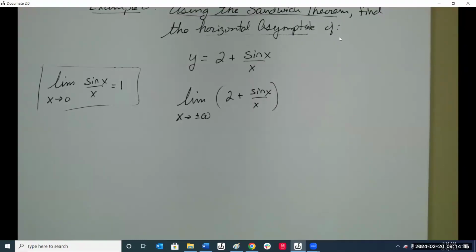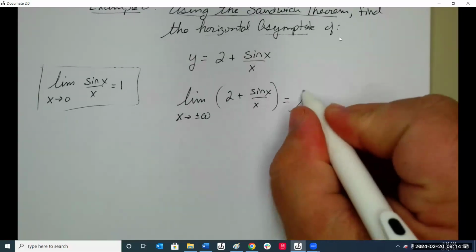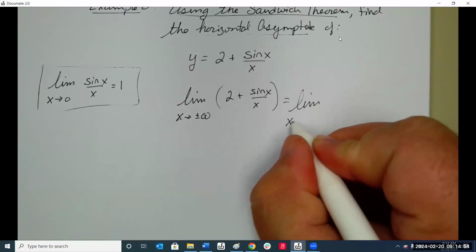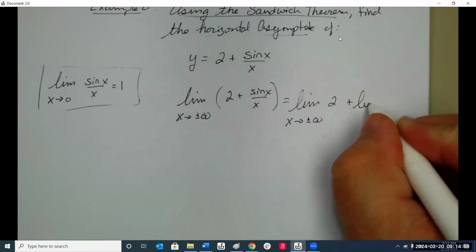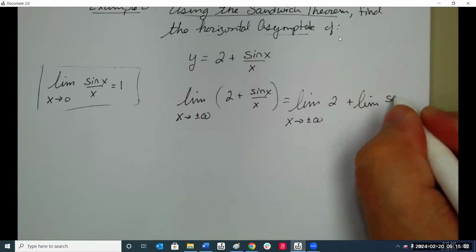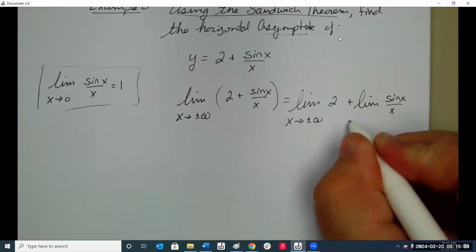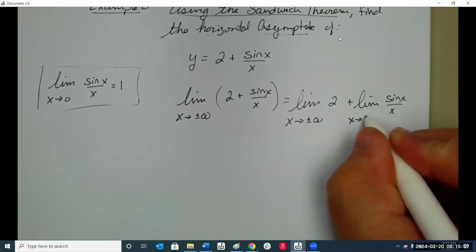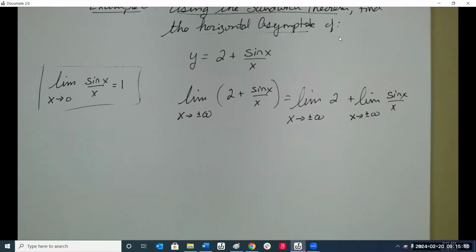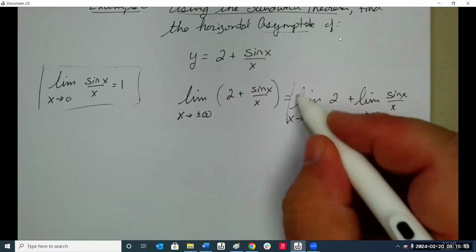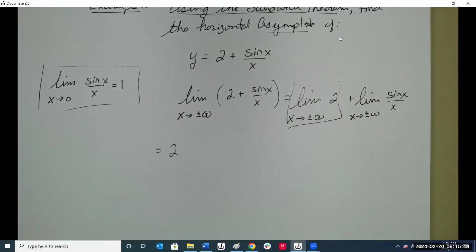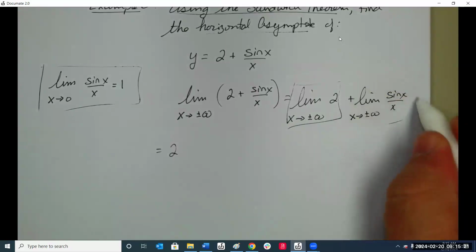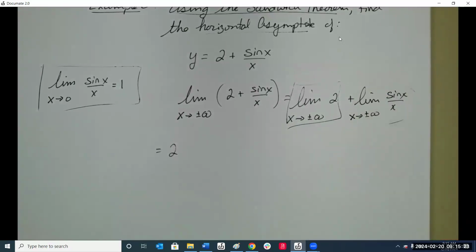So now we have to think of it another way. We're still going to do the sum rule. This one's no problem, we know what the answer is there. The limit of 2 is 2, it's a constant function. For this one, we have to use the squeeze theorem or the sandwich theorem.